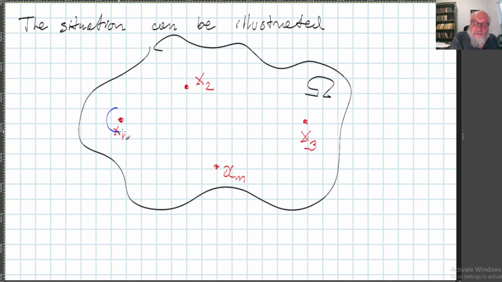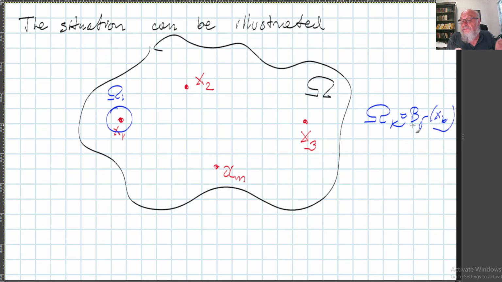This is my omega 1, omega k is equal to B delta of xk.